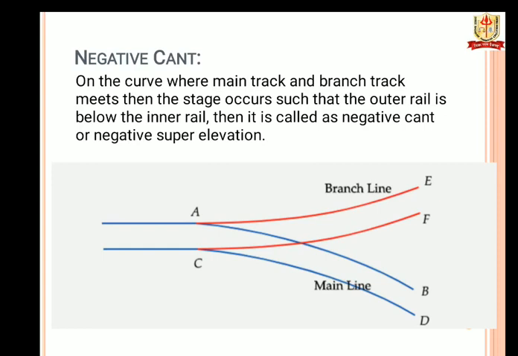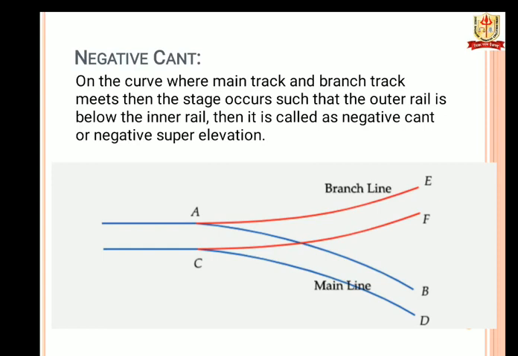In the figure below, AB, which is the outer rail of the main line curve, must be higher than CD. Okay, point A should be higher than point C for the main line. However, CF should be higher than AE, or point C should be higher than point A, for the branch track.